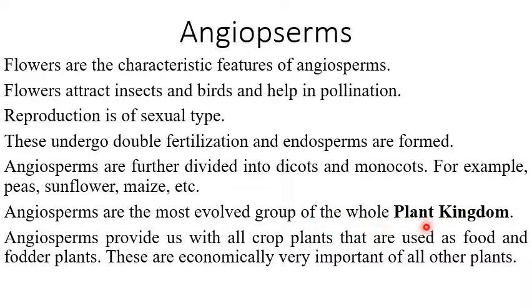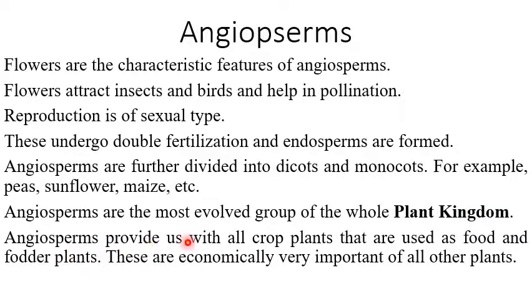Angiosperms are the most evolved group of the whole plant kingdom. This is a very important point, because as you can see, it starts from algae, then bryophytes, then pteridophytes, then gymnosperms, then angiosperms. But no other group developed after angiosperms, so it is said to be the most evolved group of the whole plant kingdom.